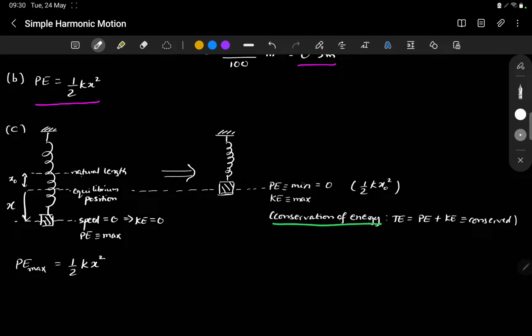This x displacement that we have given to the block is basically the amplitude of oscillations. So we can rewrite this as follows. This is nothing but the amplitude of the oscillations, so we can write it as follows. This is the maximum potential energy.